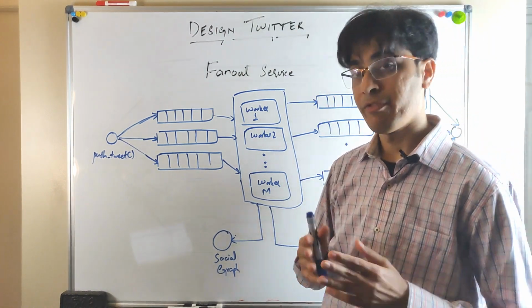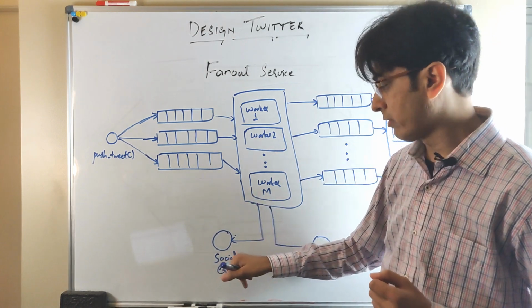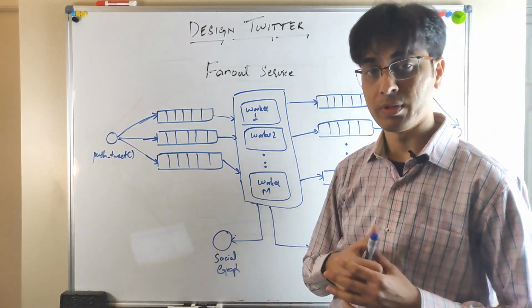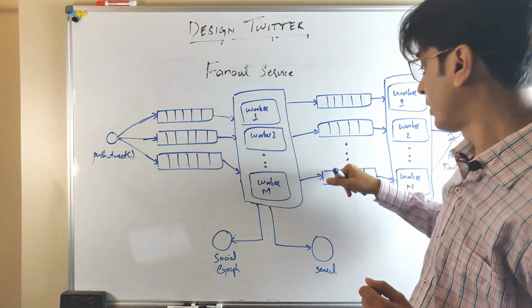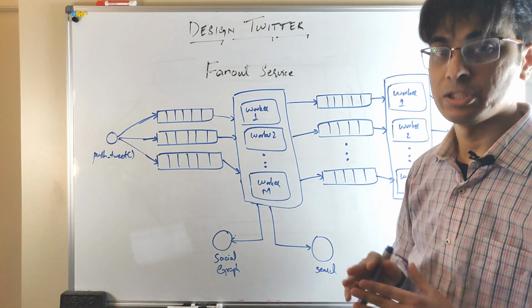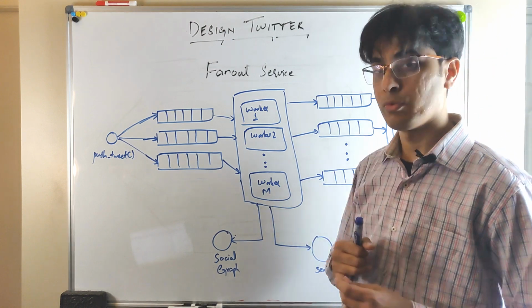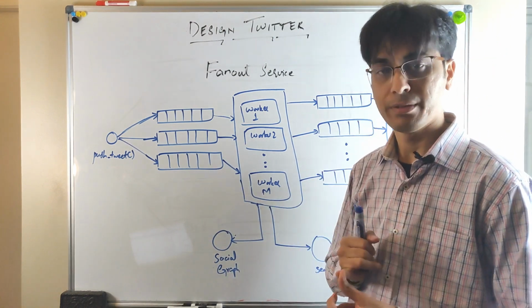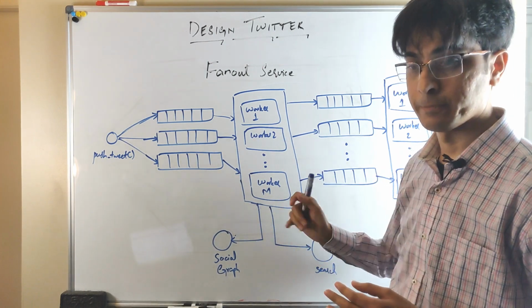For example, if there are 500 followers for a user, then they retrieve the list of those 500 followers, and then they insert 500 messages in these distributed queues, one for each follower. Third, they forward the tweets to any other services like trending service or notification service if they exist in the system.